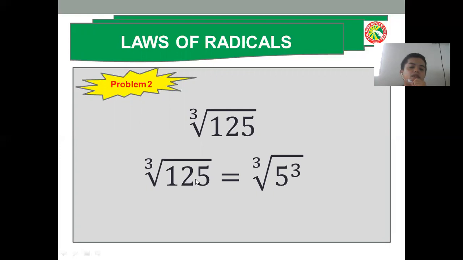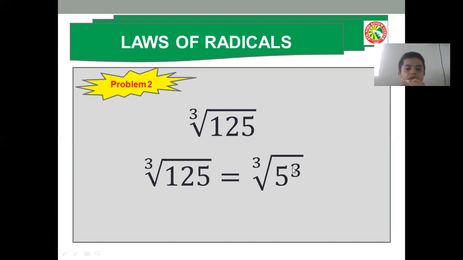But if you observe that it can be written as 5 cubed, then you do the simplification. So the cube root of 125 is equal to the cube root of 5 cubed, because 5 times 5 is 25, times 5 is equal to 125.